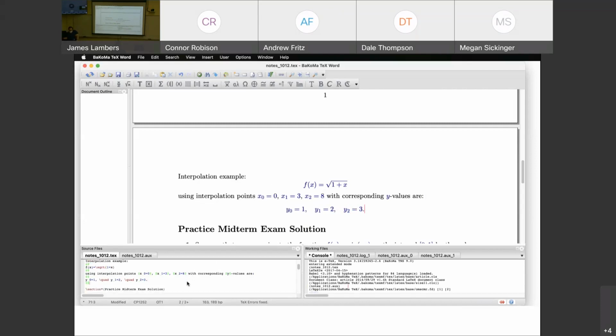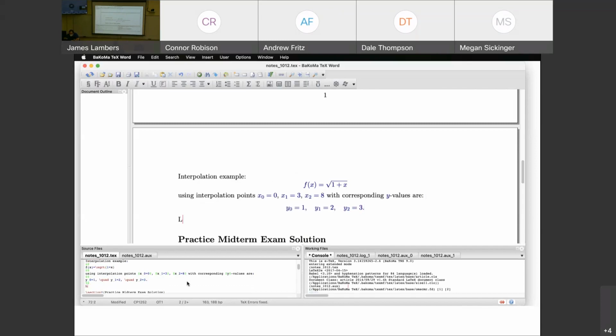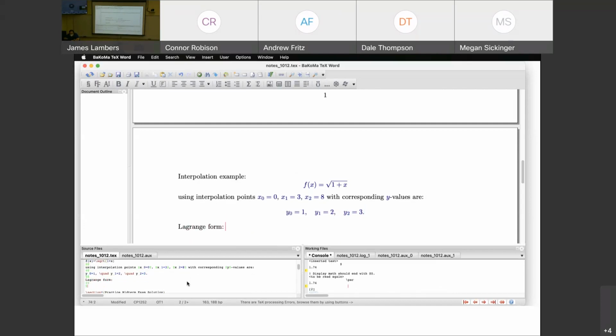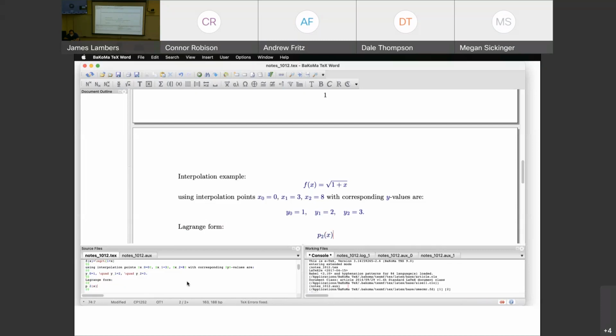So what I can do with this one is work out the interpolating polynomial both ways, Lagrange form and Newton's form, and then we'll deal with the error. We have 3 points, so that's going to give us a quadratic polynomial.